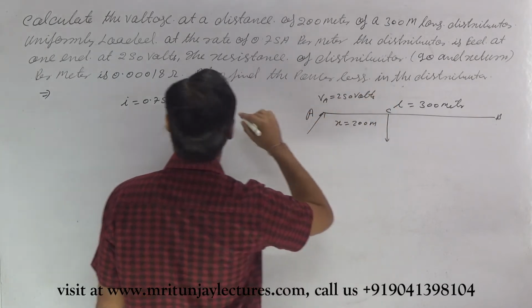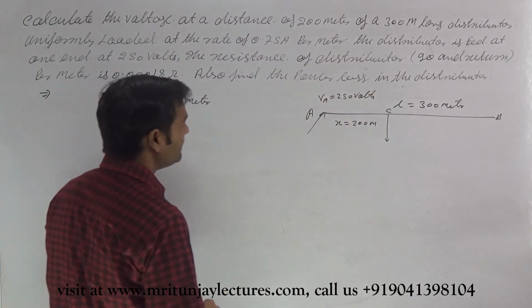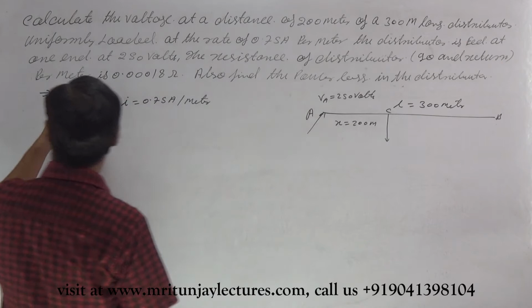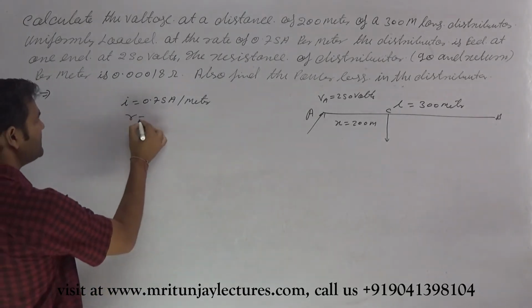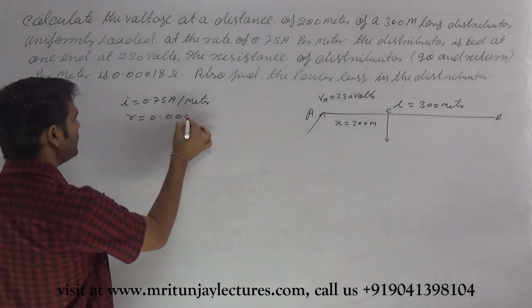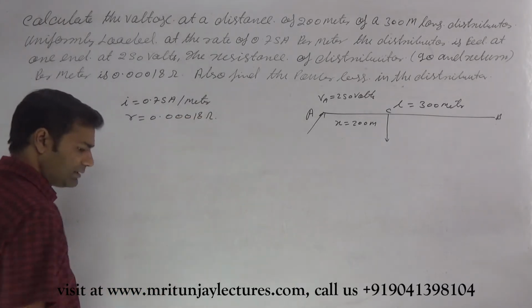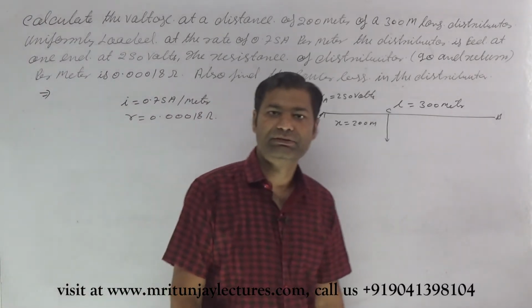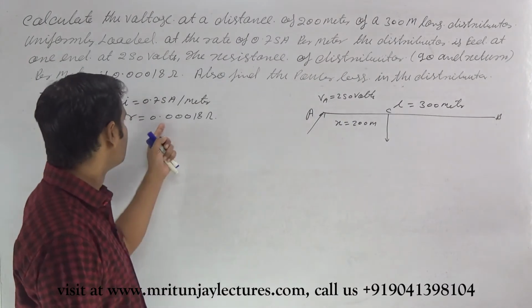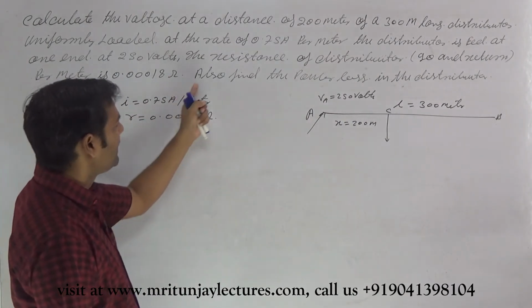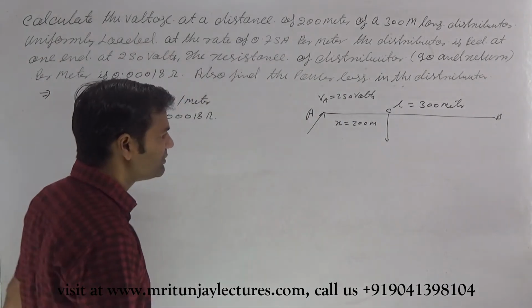Okay, the resistance of distributor go and return per meter is R this equal to 0.00018 ohm. Okay, already given 2-wire system, that's why R is not multiplied by 2. Also determine the power loss.